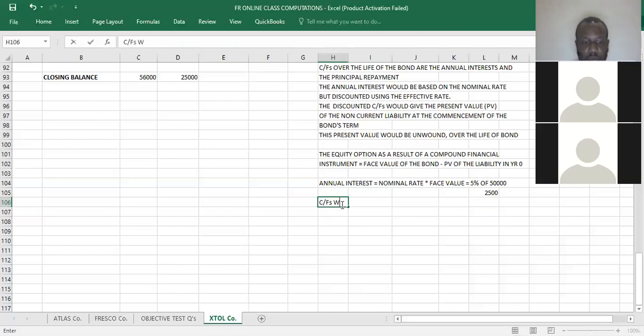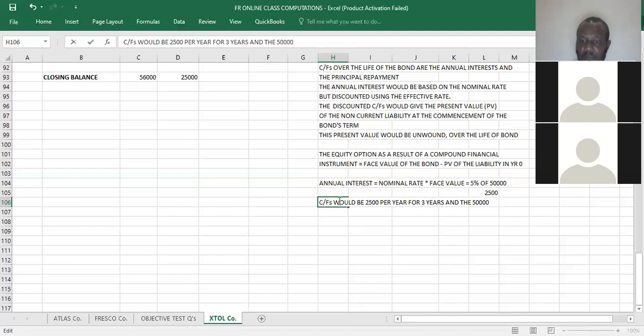Now, so our cash flows would be 2,500 per year for 3 years, and the 50,000 face value, that's the principal repayment. Okay, let me say that.